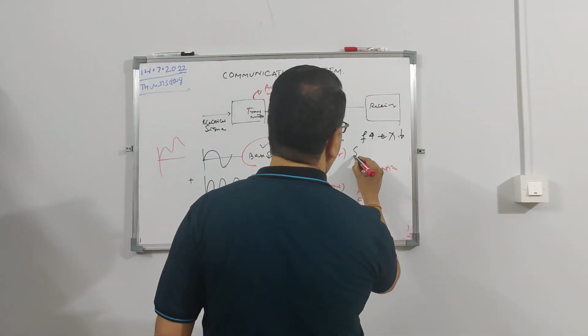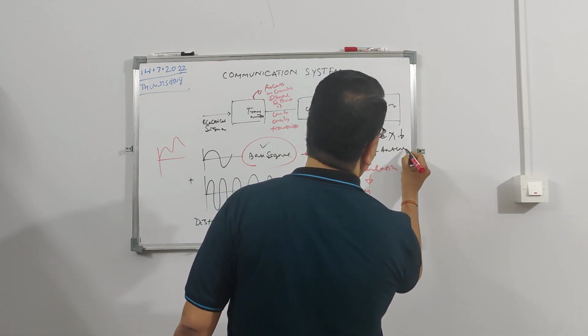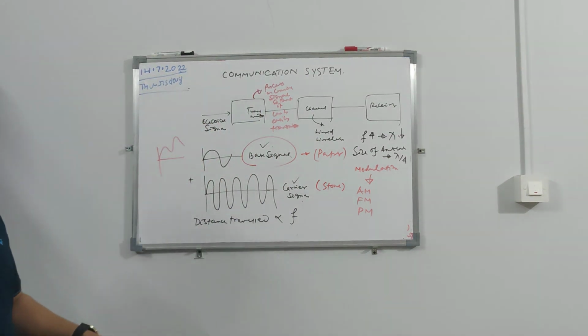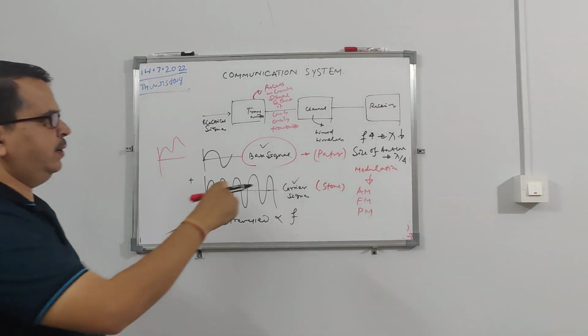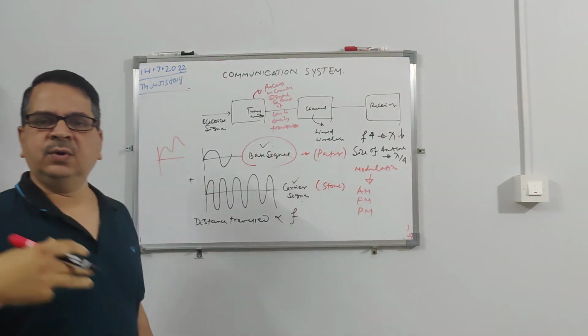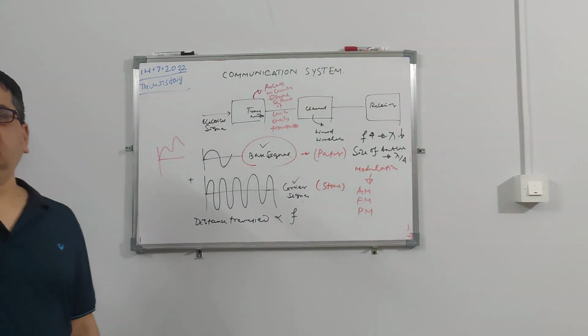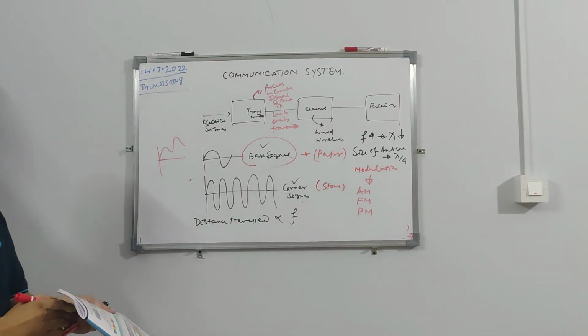So the size of antenna is typically lambda by 4. If your frequency is very high, your wavelength will be less, and correspondingly your antenna height will be less. But if your frequency is less, your wavelength is high, and you will end up with an antenna of size 10 kilometer and all. We'll take one example and I will explain.